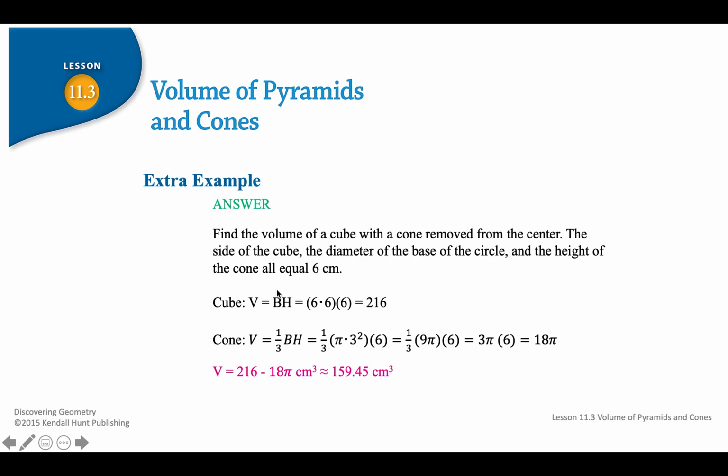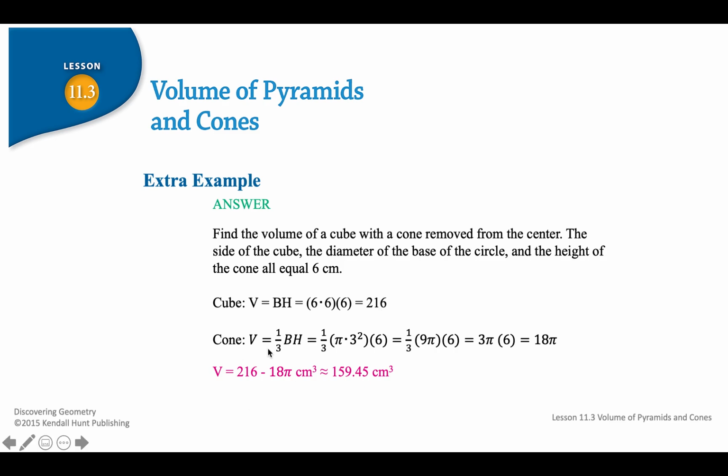So the base area, well, the base of a cube is a square, and so the area is 6 times 6, because both dimensions are 6 for the base. And then the height is also 6, because it's a cube. All the dimensions are the same. So then you get 216 for the volume of the cube.